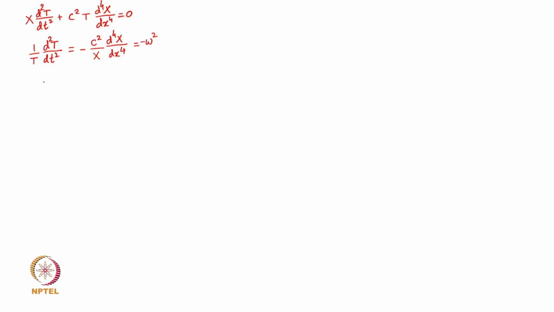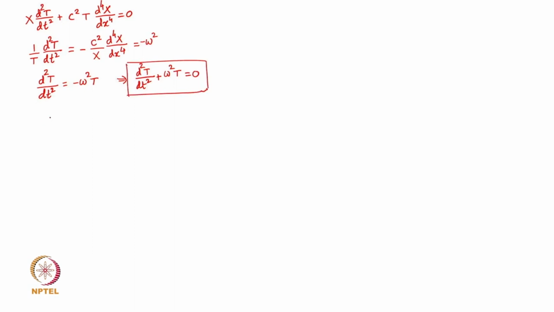So by using this, we already know that I can write the first term, that is d²T/dt² equal to minus omega square capital T, which actually gives me a familiar form, d²T/dt² plus omega square T equal to 0. This is our first equation in time. And what do you get by the second equation?